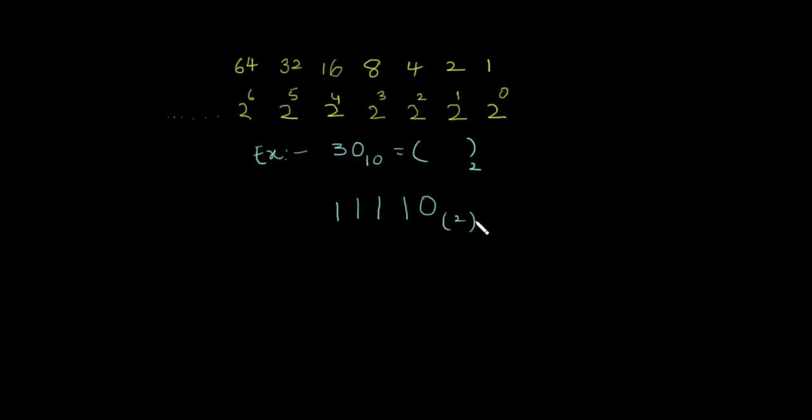So friends, I hope this 8421 code is clear to you. What exactly are we doing here? If you cross check, how do I cross check this? 0 into 2 power 0, where 2 power 0 is the position of that particular value. 1 into 2 power 1, the face value of the second position.